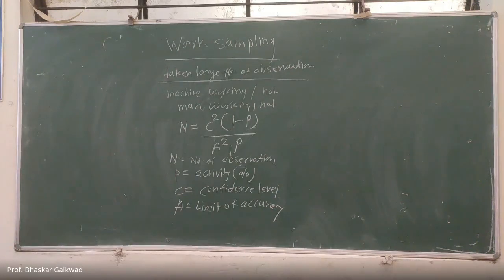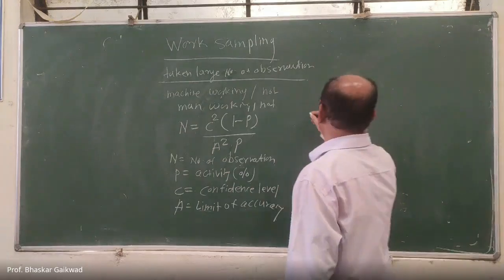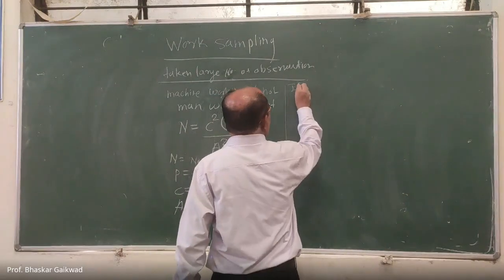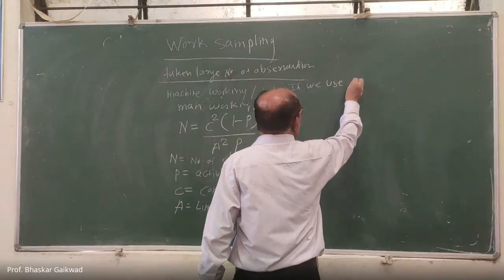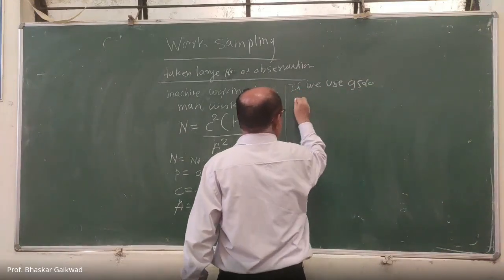N is the number of observations, P is the activity percentage, C is the confidence level, and A is the limit of accuracy. Now it is common practice to use the 95% confidence level, for which the above formula can be reduced. If you use the 95% confidence level, then the above formula, if we use it, becomes reduced.